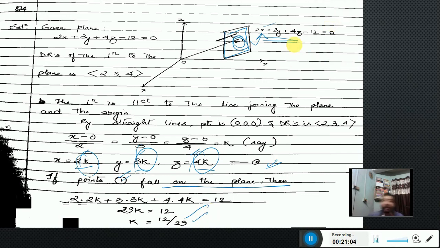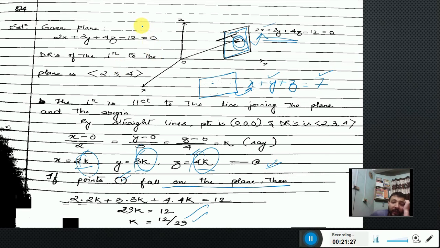Okay, so understand something: if I have a plane and its equation is x plus y plus z equals 7, then all the points in this plane will satisfy this. Satisfy means left hand side equals right hand side.